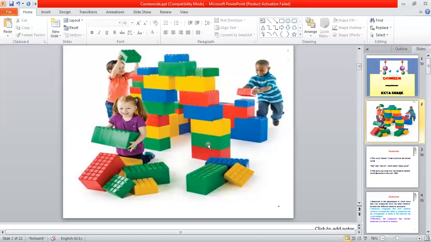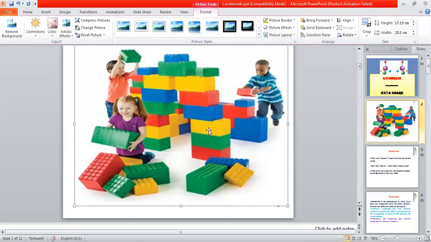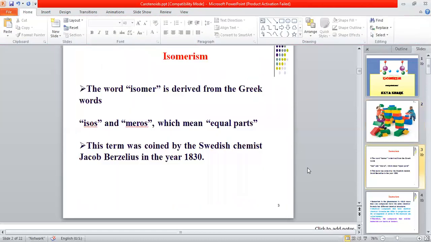These atoms can bond together in a different way, either this type or another building. So structural isomers are molecules with the same molecular formula, but their atoms have a different arrangement of bonds. Now come to the definition.